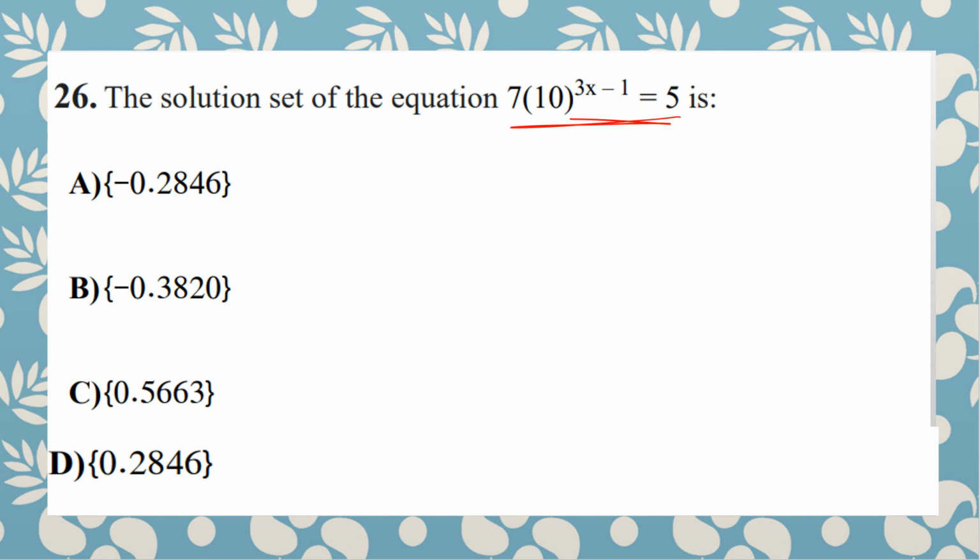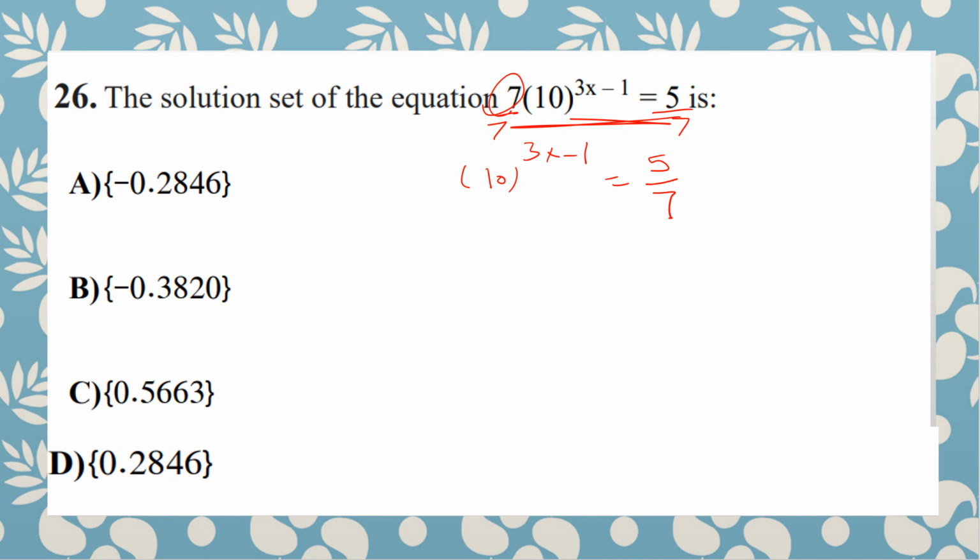So by dividing over 7 in order to get rid of the 7, this equals 10 to the power of 3x minus 1 equals 5 over 7. And we cannot solve this exponential equation with similar bases, so we would use the logarithm.